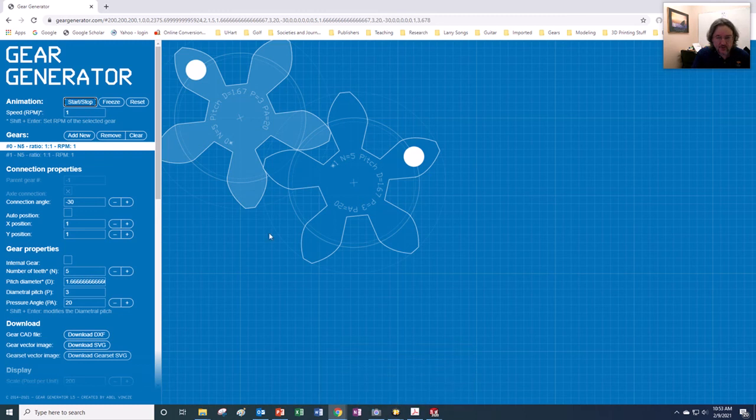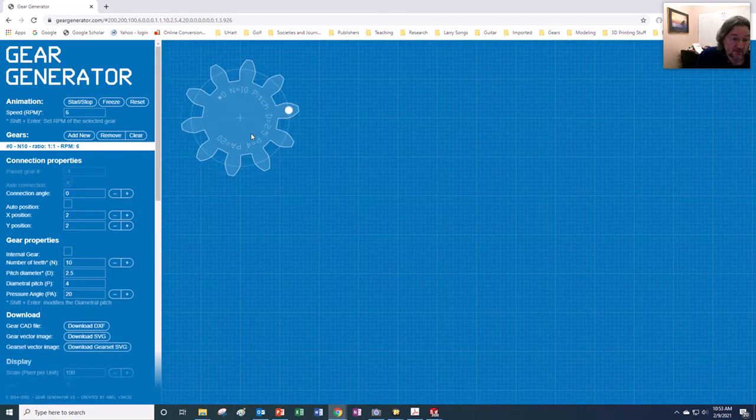But this is a really cool tool to be able to mess around with different gear combinations, where you can highlight this particular gear here, or I could actually clear and remove.